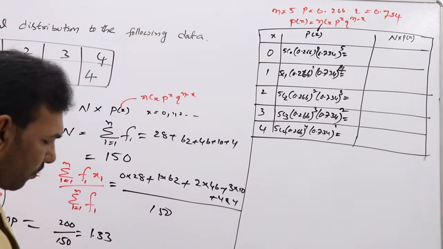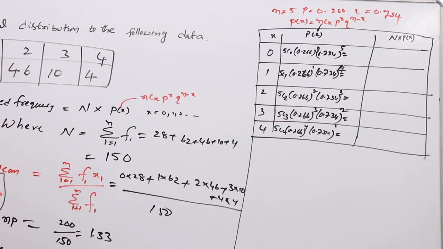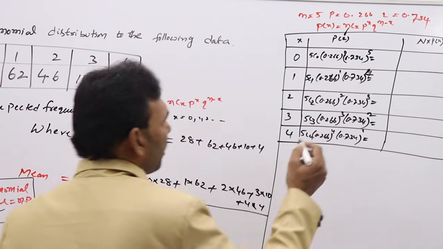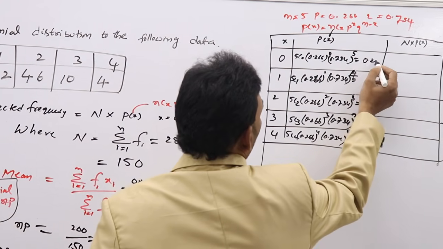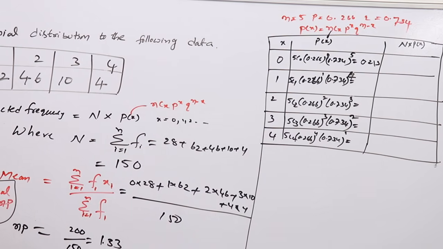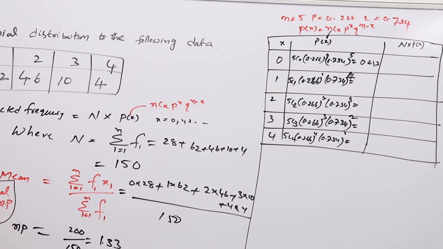Like that we need to evaluate all the values using a calculator. Using the calculator, the first one, P of 0, you will get 0.213. 5C0 is 1, anything power 0 is 1, so you need to calculate only 0.734 whole power 5.